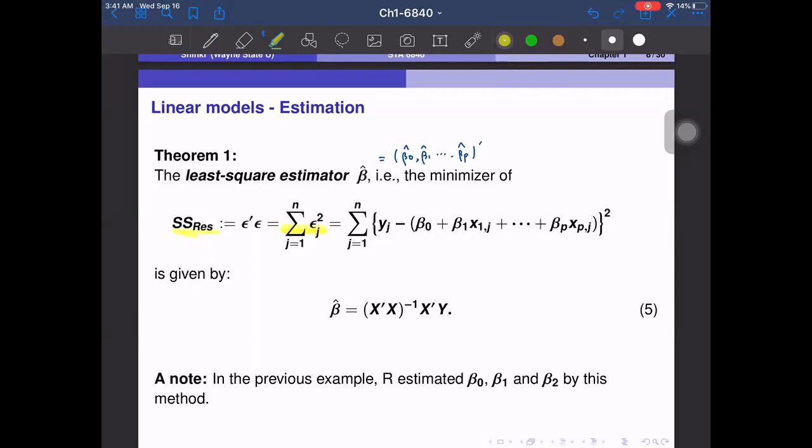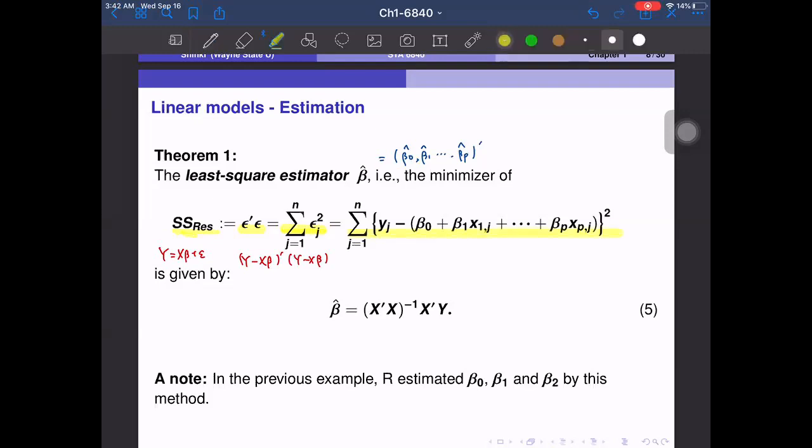We can also write this as epsilon transpose times epsilon, or even as y minus x beta transpose times y minus x beta, since epsilon is equal to y minus x beta. Remember that y is x beta plus epsilon, so we move x beta to the left-hand side. If you fully write it down, that becomes this.